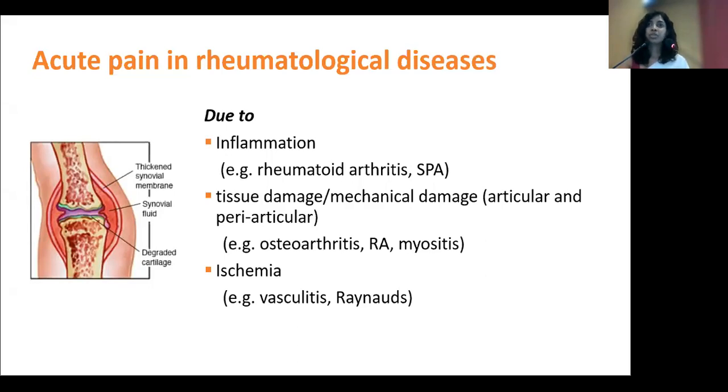Or else it could be due to tissue damage or mechanical damage arising from articular or periarticular structures, like what we see in osteoarthritis. But sometimes, even with rheumatoid arthritis, structural damage happens that can lead to pain. Or else it could be due to ischemia, like in vasculitis or in Raynaud's, which leads to pain.